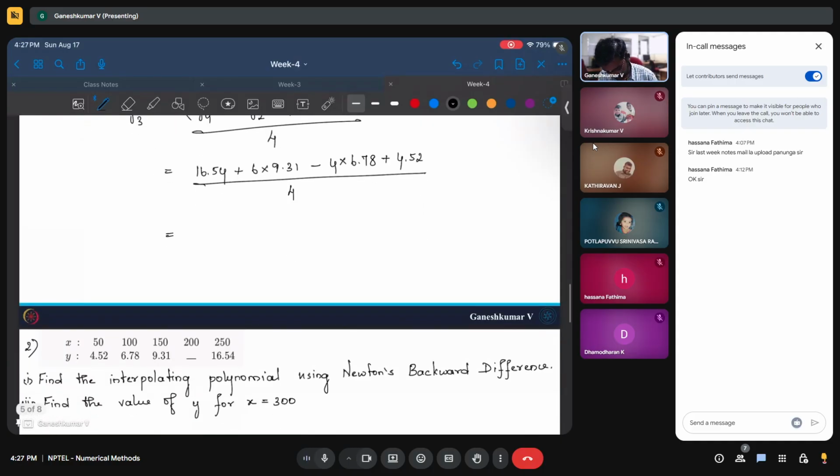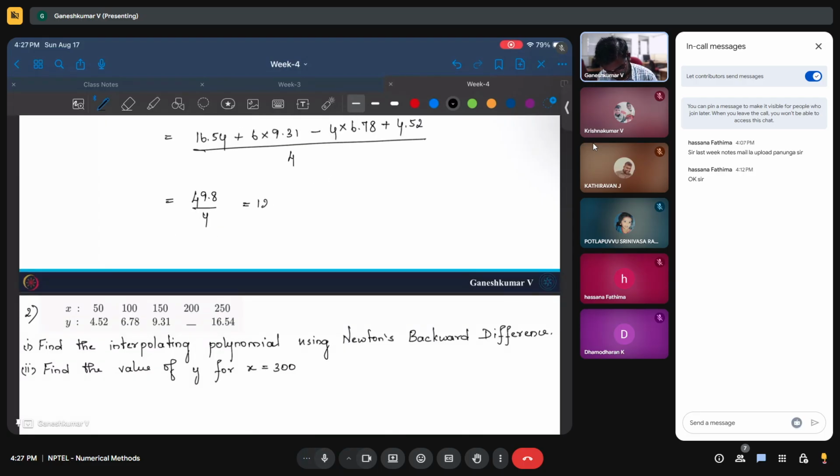So the numerator is something like 49.8 I'm getting, divided by 4 is 12.45.